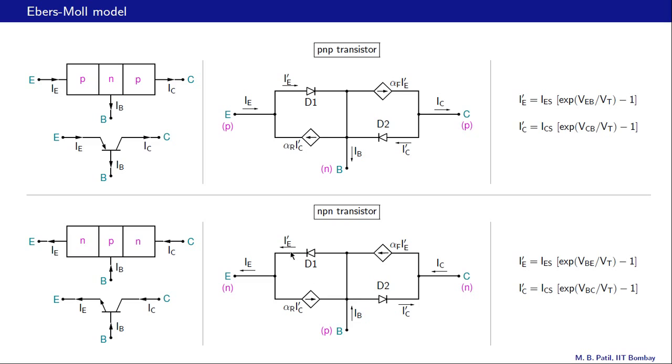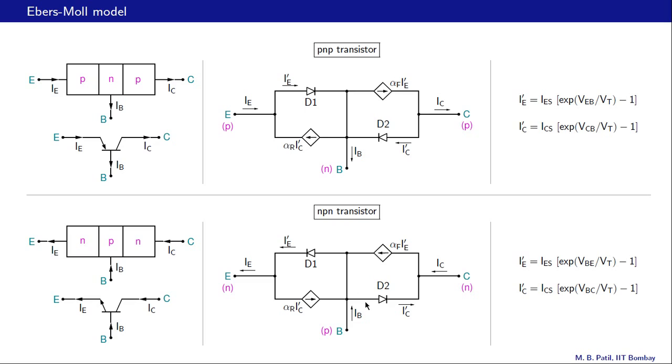The IE prime current is now marked in the other direction, because we expect this current now to be positive when D1 is under forward bias. The current controlled current source here is also in the opposite direction, essentially the same direction as IE prime. So this is still given by alpha F times IE prime.